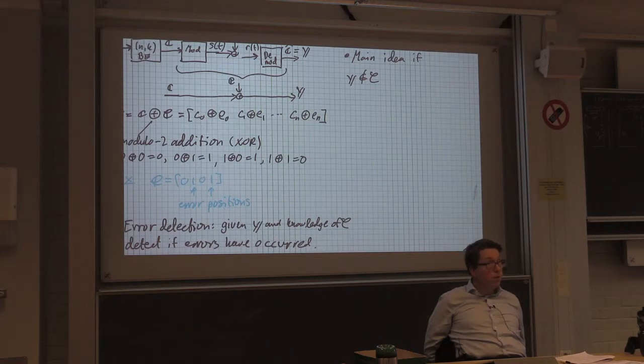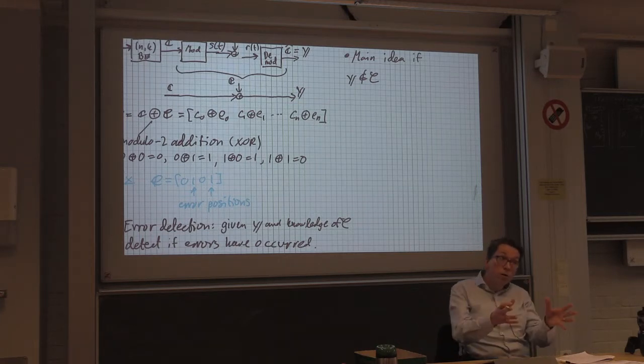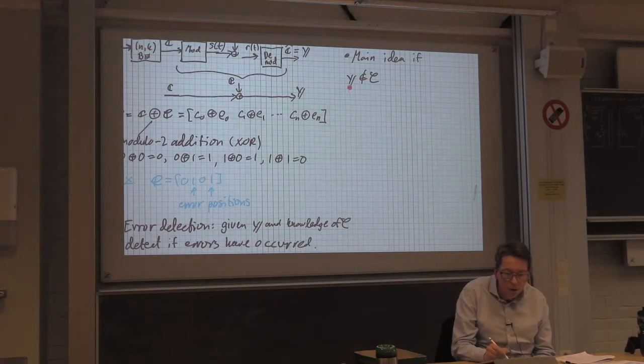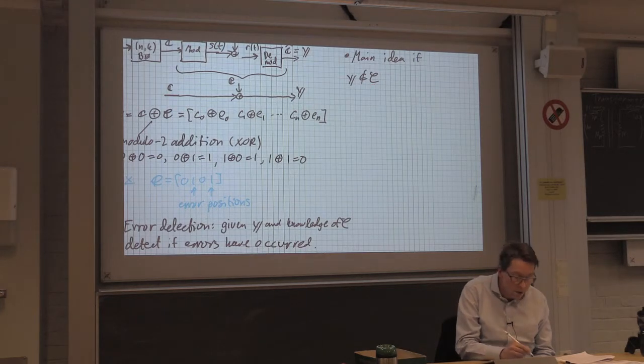If we receive something which is not a code word, what do we think? Error or no error? Error, of course. Has to be, right? Because we know that the transmitter is sending code words. We just don't know which one. But we know it's going to send code words, for sure. So if the received bits are not a code word, then for sure we know that errors have occurred.